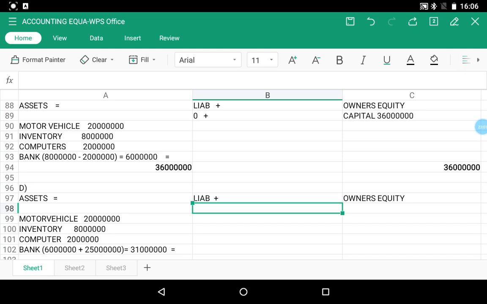This time we have liabilities. Under liabilities we have bank loan from Tukole Sacco worth 25 million.